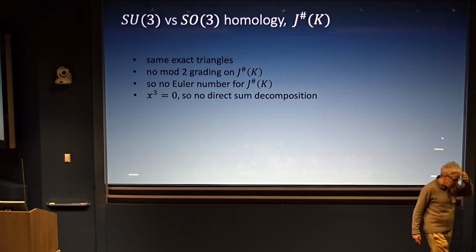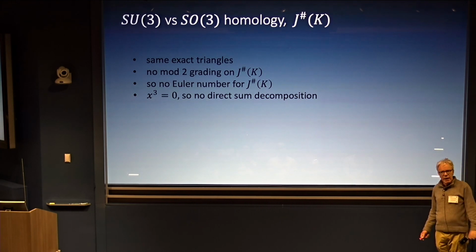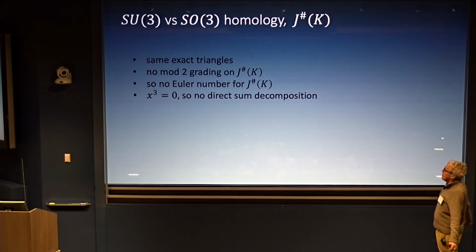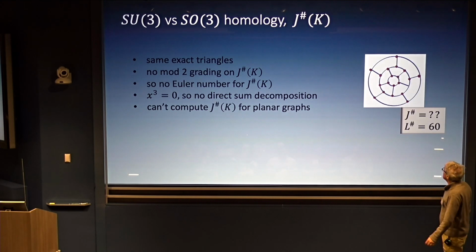So that's the simplification. It's like a sort of Lie-type deformation. Going from x cubed equals 0 to x cubed plus x equals 0 makes everything much simpler. That's why this one set, two set stuff came in. We don't have that for J sharp of K, so we can't compute it for planar graphs.